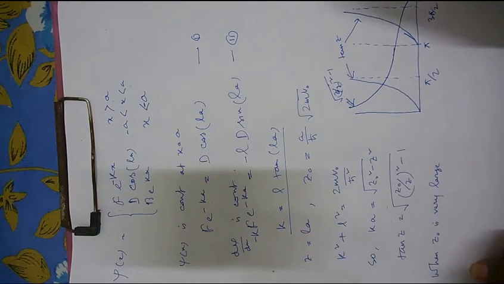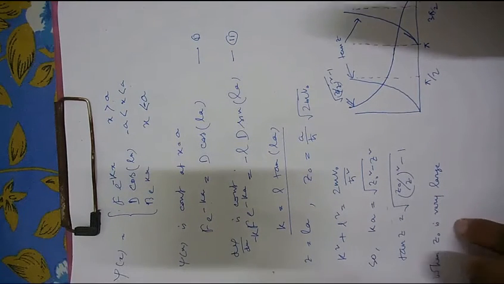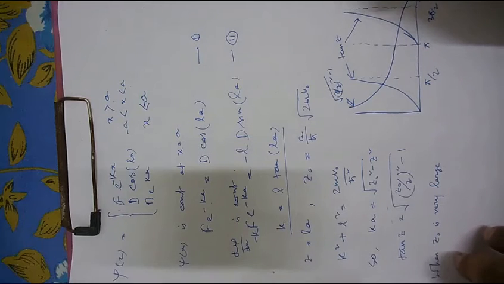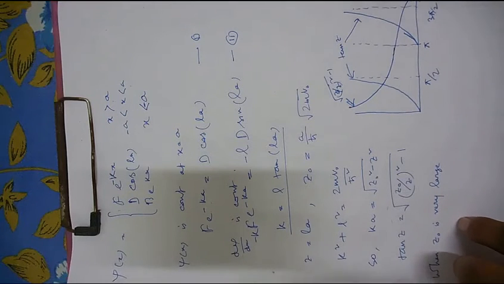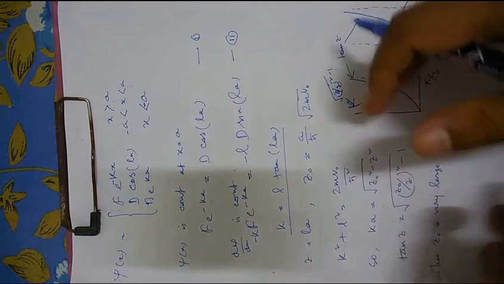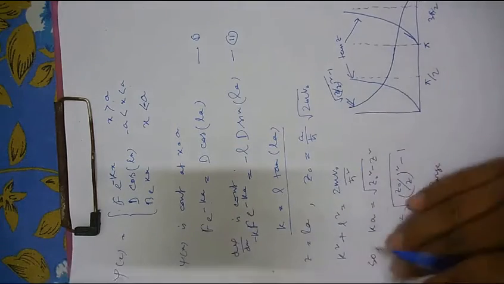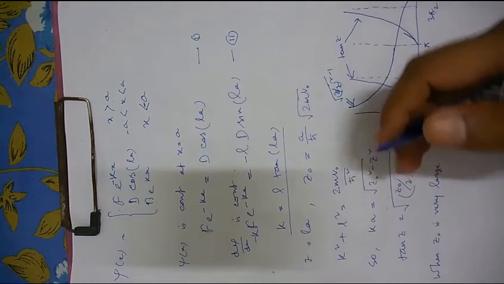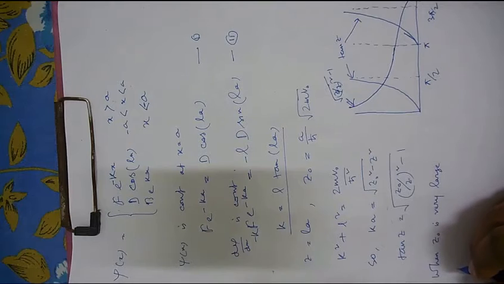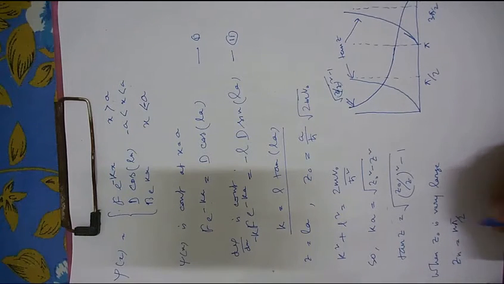In this way, if you increase z0 to a very large value, you will get the solution just before that n pi by 2 value. So I can consider that value as n pi by 2. So zn comes like n pi by 2, where n is odd.